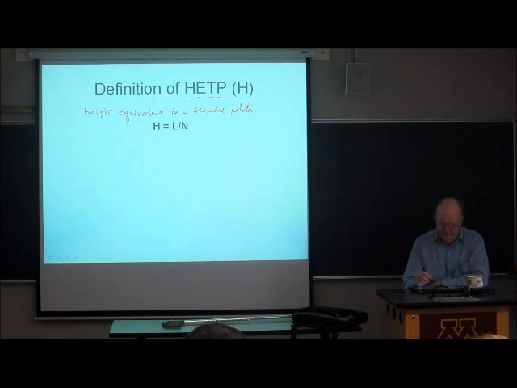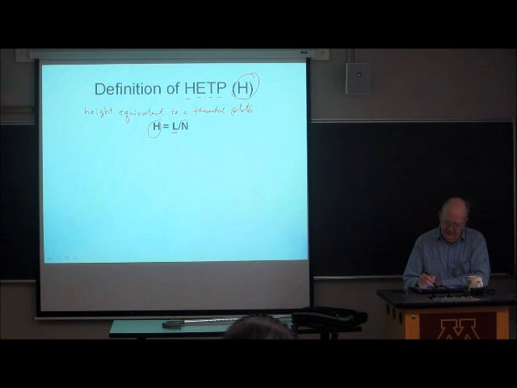And we abbreviate this as HETP or big H. And this is simply a definition. The HETP is defined as the length of the column divided by the number of plates on the column.